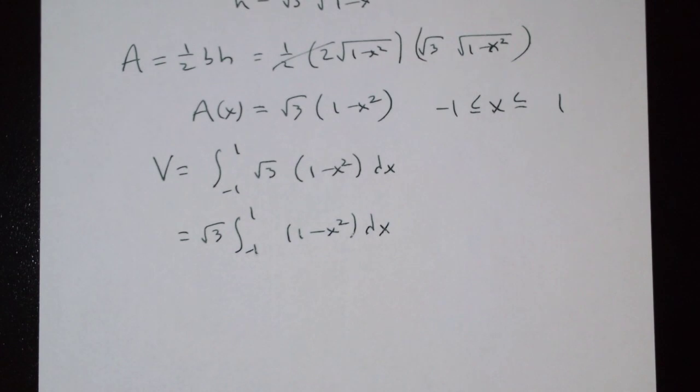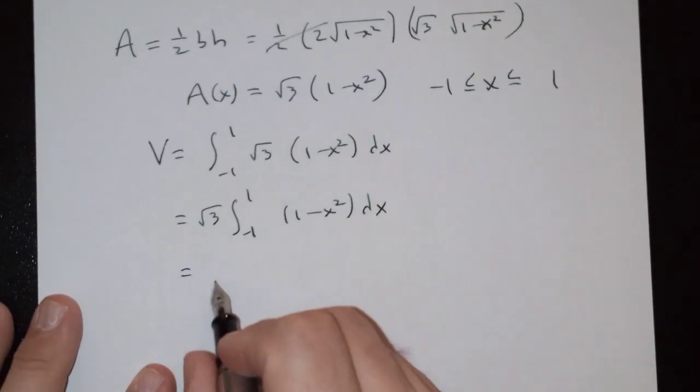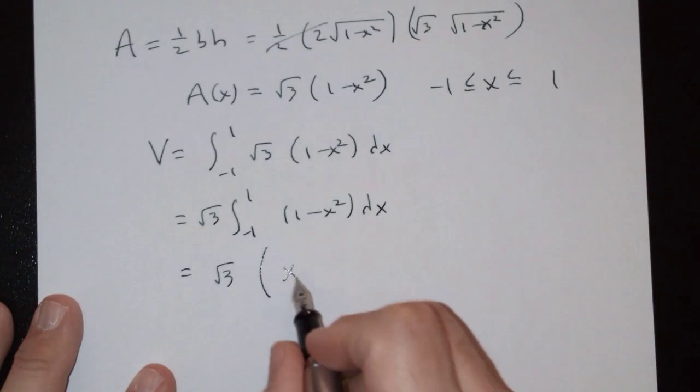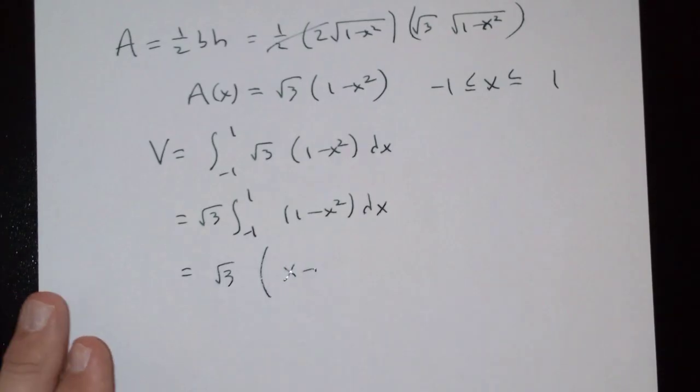Because now I have a 1, and I'm integrating that. What do I get? It's the integral of 1. Sorry. What's the antiderivative of 1? X. And the antiderivative of x squared?